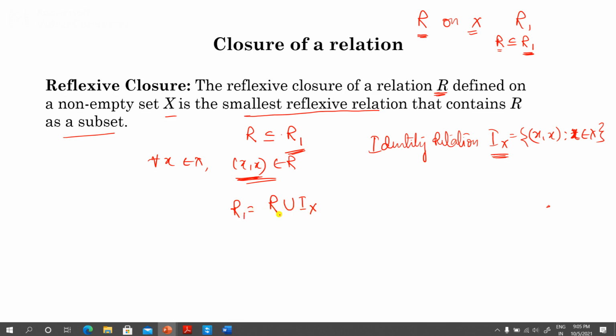So R1 is the reflexive closure of R, and we can find it using the union of R and Ix, where Ix is the identity relation, because in Ix all the pairs of xx will be there, and if you take the union of Ix with R, all the missing elements will be included. In this way you can find the reflexive closure of R.